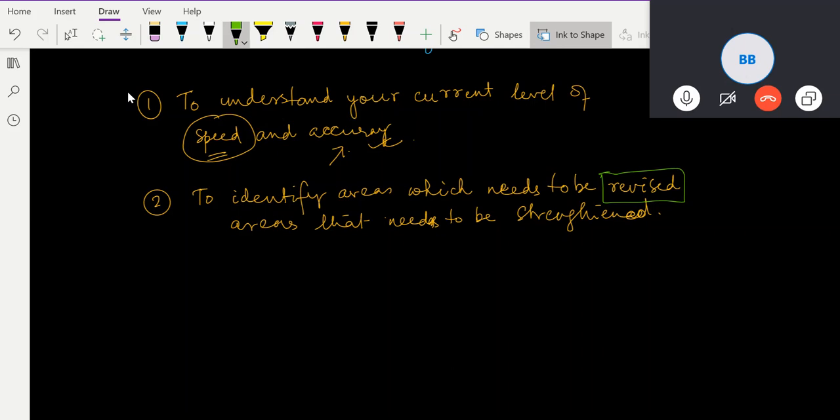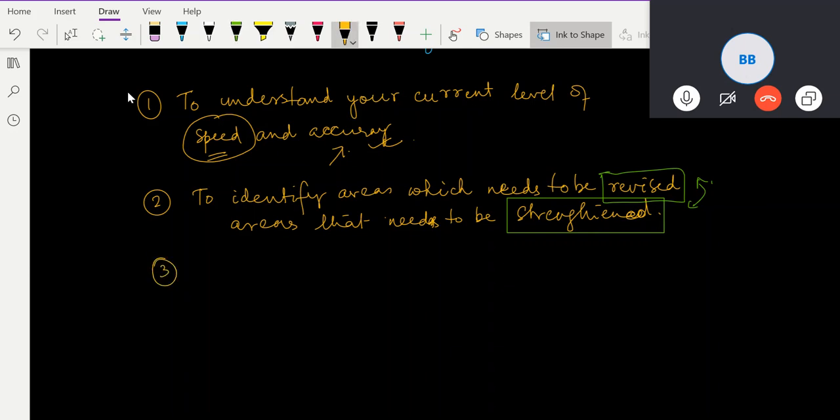So those are the areas that need to be revised. And we will also see that there are some areas which we remember very strongly, and we are able to do quite well. For those areas, we need to further sharpen them up. These two we will do simultaneously from tomorrow when we start the classes.